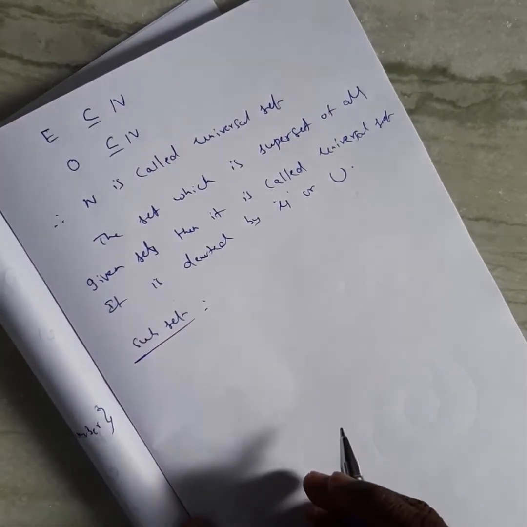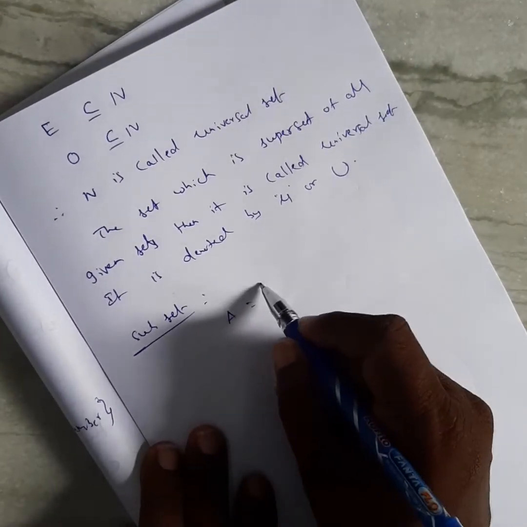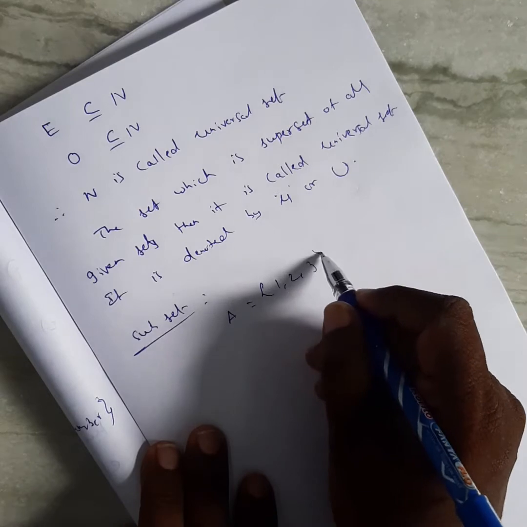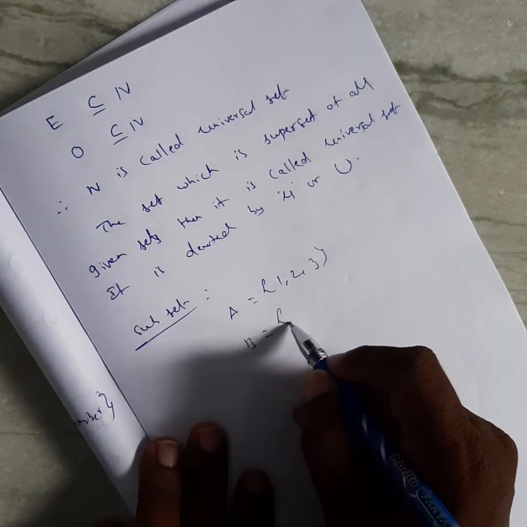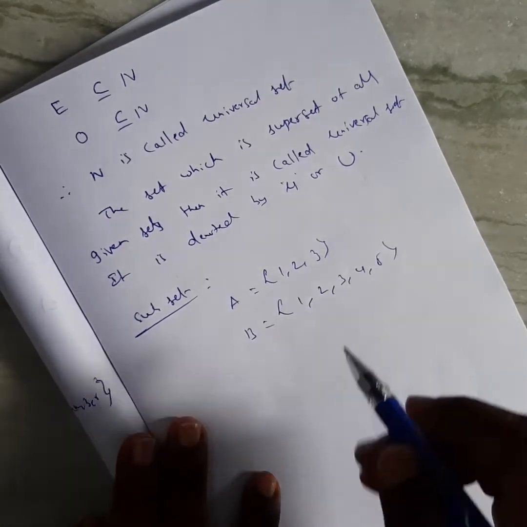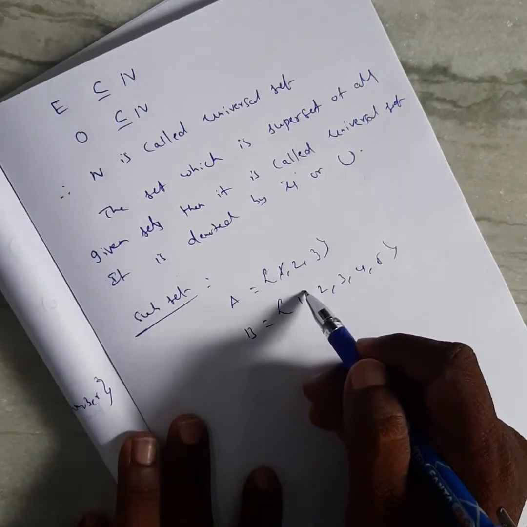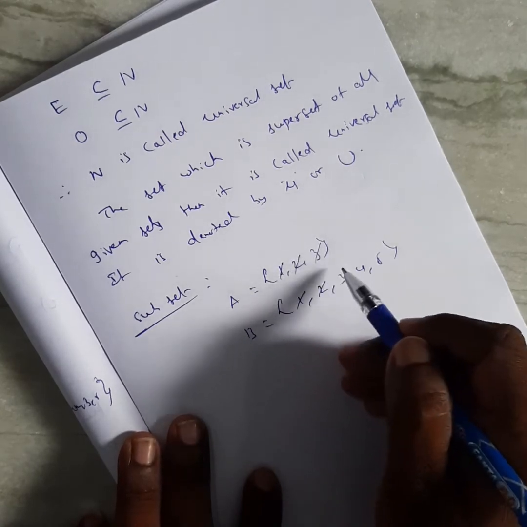What is a subset? Already I told. If you take an example, A is equal to {1, 2, 3} and B is equal to {1, 2, 3, 4, 5}. If you observe, 1 is here and 1 is there, 2 and 2, 3 and 3.